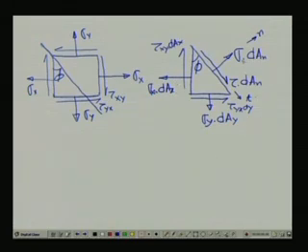So if this is the angle phi, then obviously this angle is also phi.